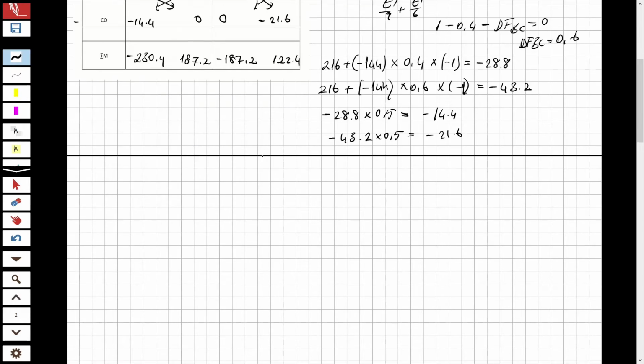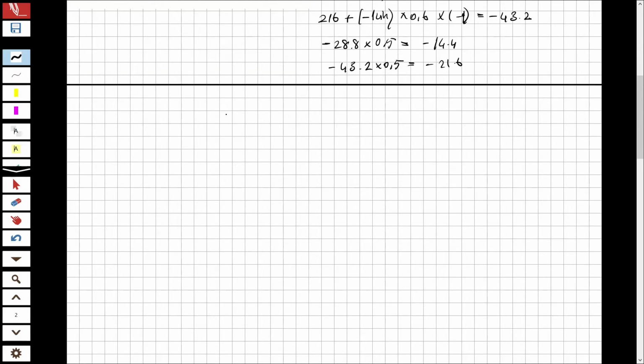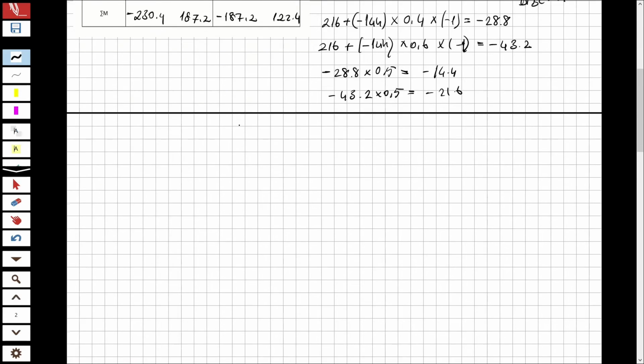Now let's find the shears. Now I have the moments, so I'm going to calculate the shears and draw the shear and the moment diagrams. Let's find it.